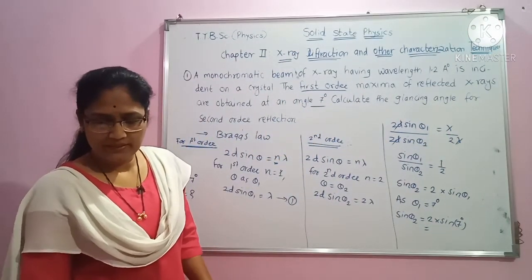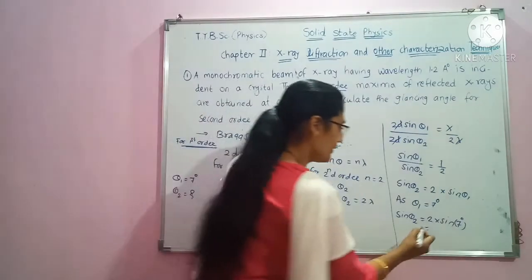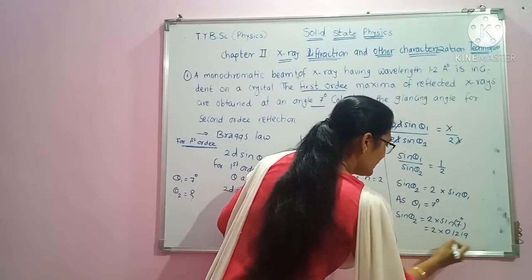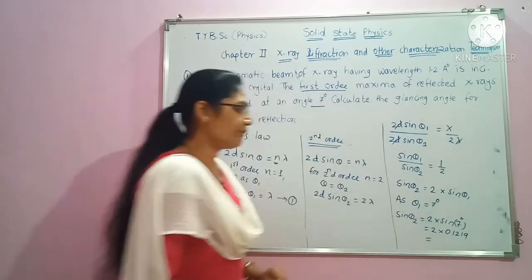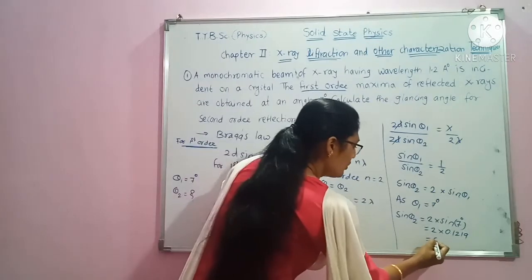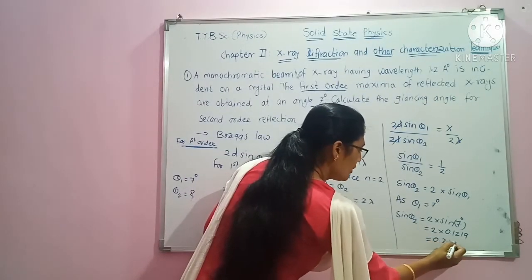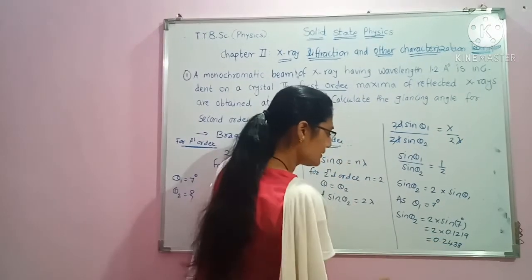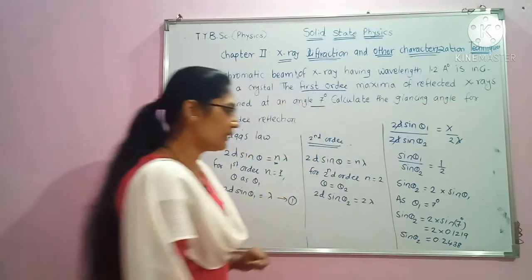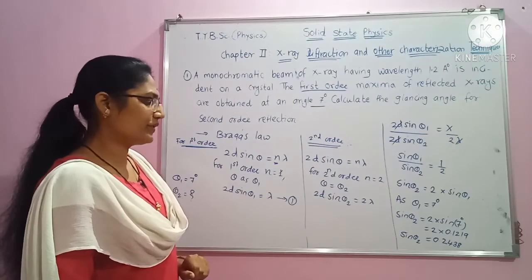Sin of 7 degree is 0.1219. So 2 into 0.1219, and its product comes out as 0.2438. This is the value of sin theta 2.